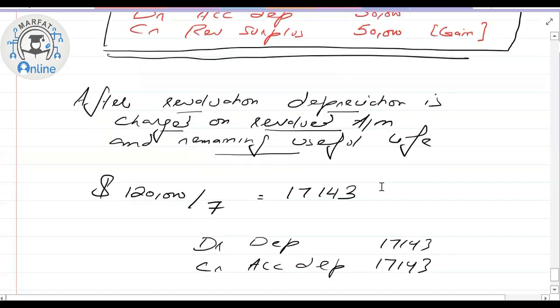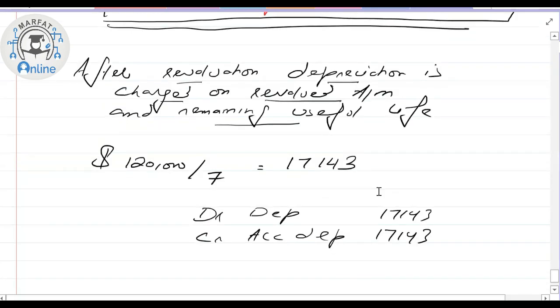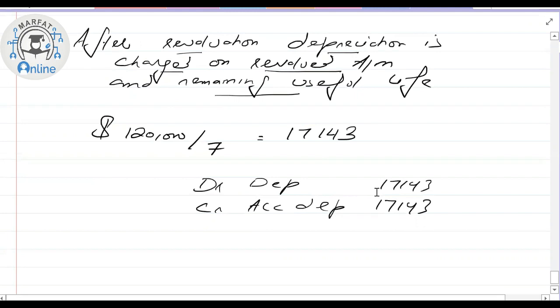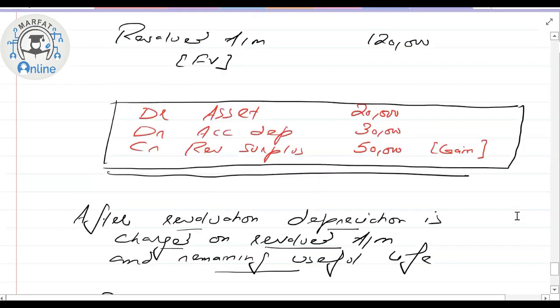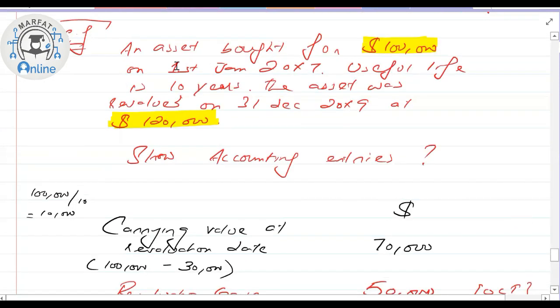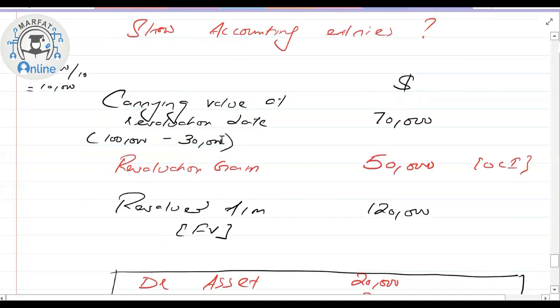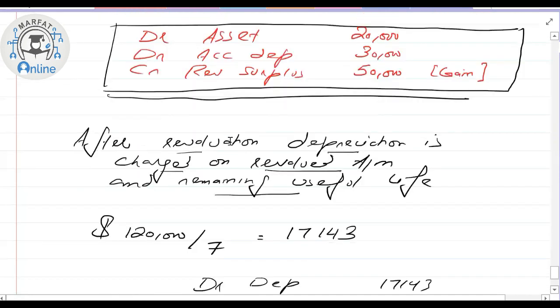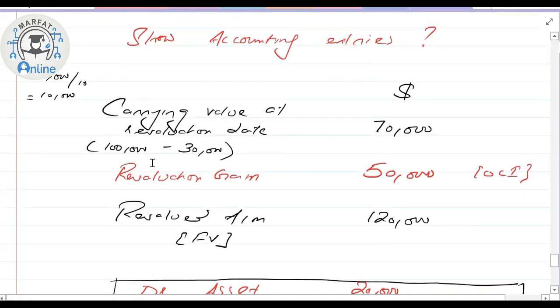Alright, so now we have studied that after revaluation, depreciation is charged on the revalued amount and remaining useful life. You remember that the revalued amount was 1,20,000 in the question which I gave you. An asset bought for 100,000 on 1st January, useful life is 10 years, the asset was revalued to 1,20,000. This was the revalued amount, and it has already been depreciated 3 years.